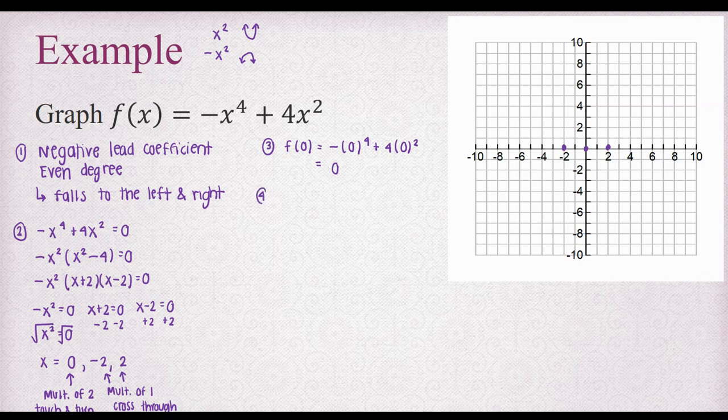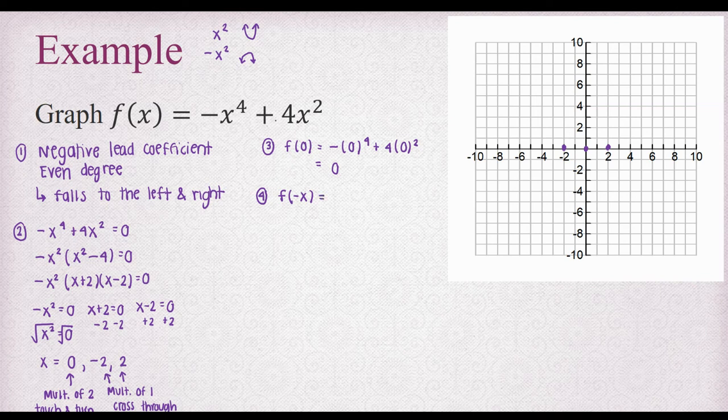Our fourth step is to determine symmetry. So remember, symmetry means that I am going to be substituting in a negative x into my function and seeing, do I end up with the exact same function, or do I end up with everything being the opposite, or do I not get either one of those cases?